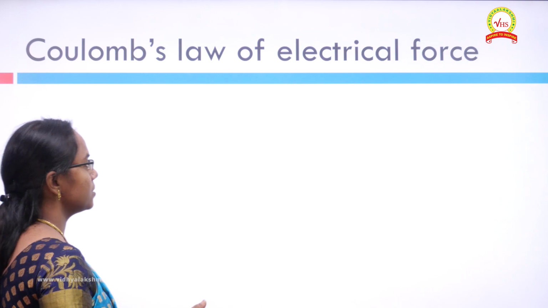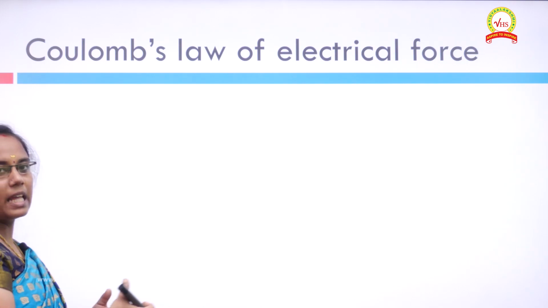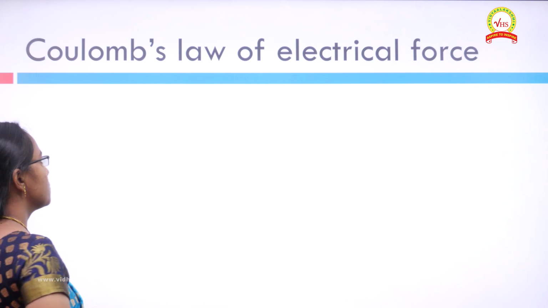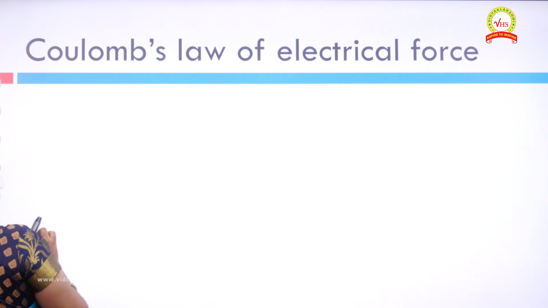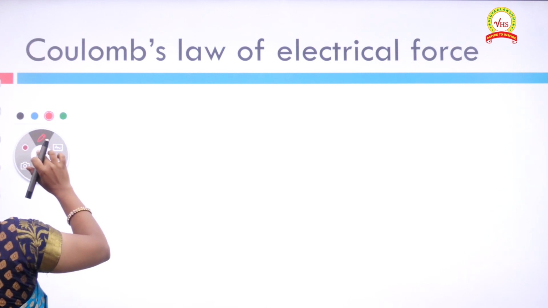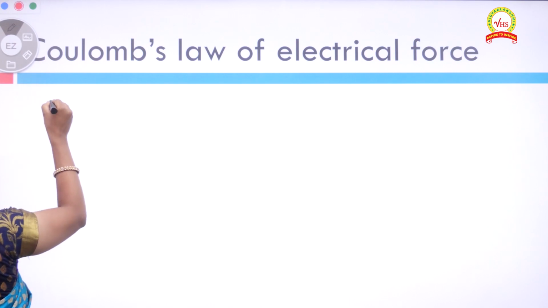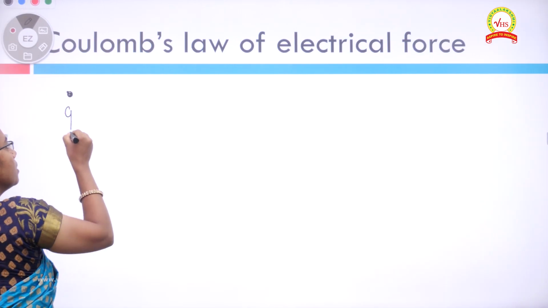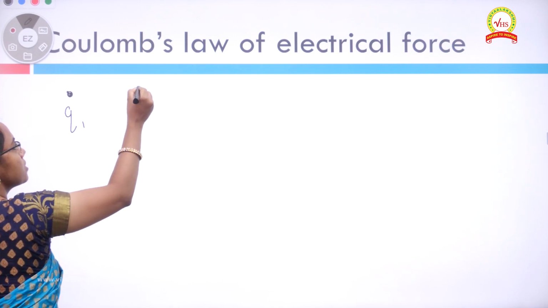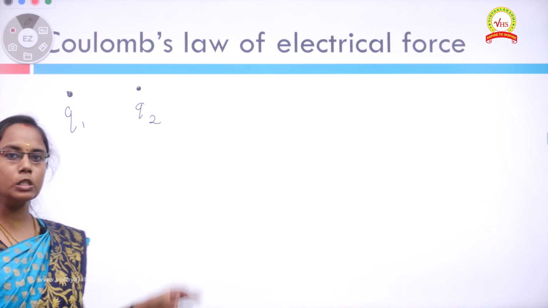As per the statement, we can see the derivation of Coulomb's law. First, let us consider charge Q1 and another charge Q2, where Q1 is the source charge.